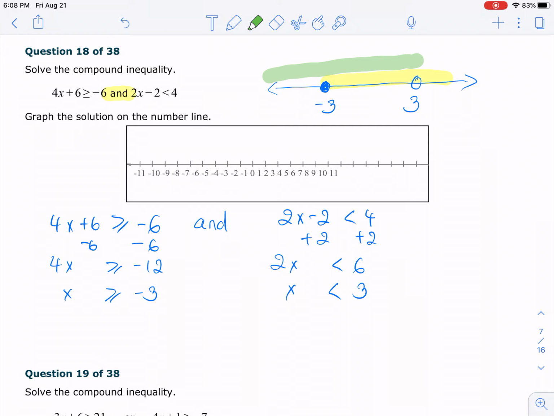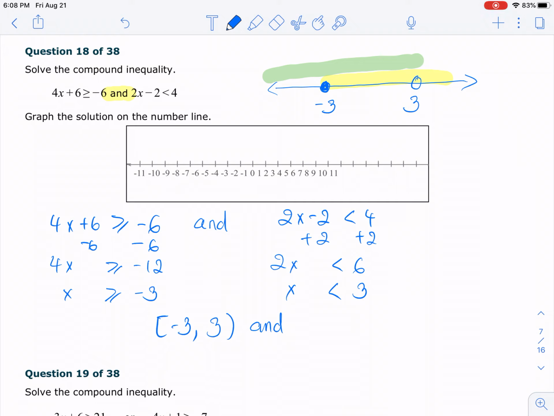All right. Now, we are looking for n. So earlier I mentioned that for the intersection, you have to see where the colors meet, right? So it's only from negative 3 to 3. That's for the intersection.